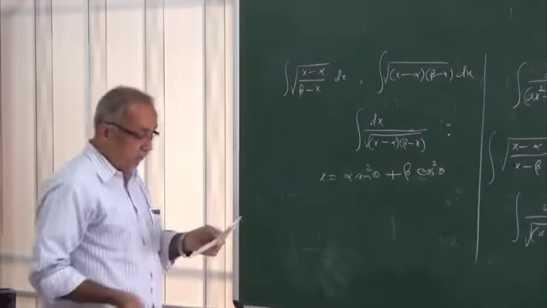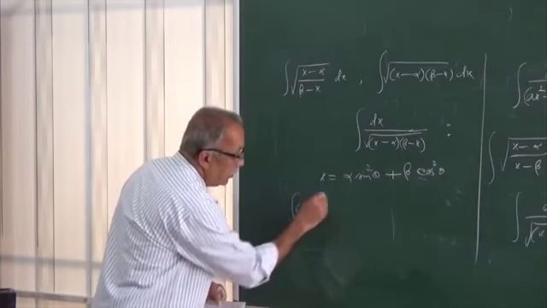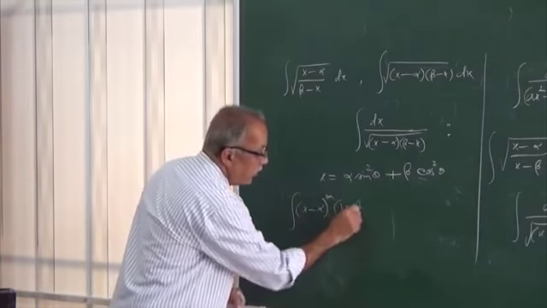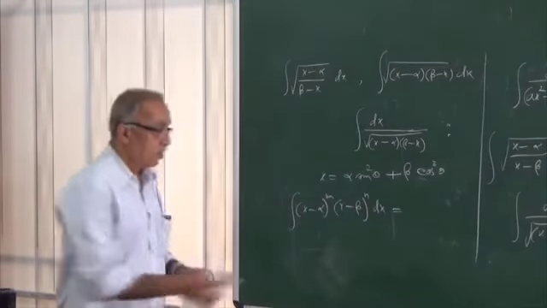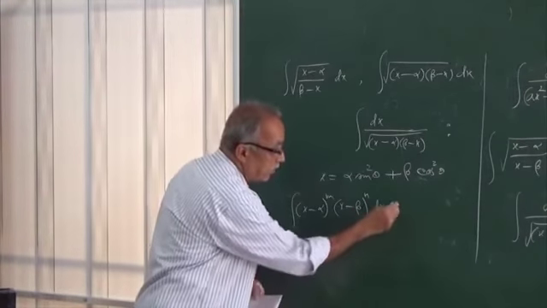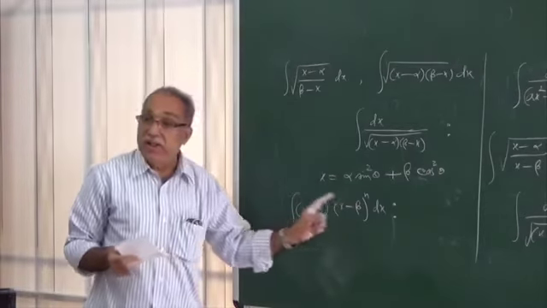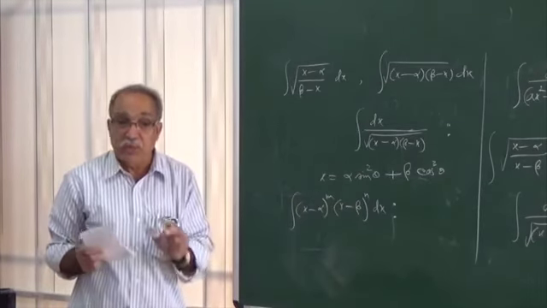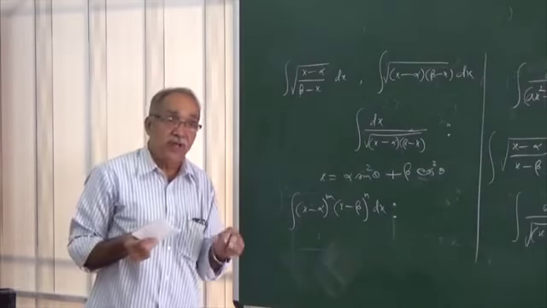Last, one more. M and n can be any two rational numbers, need not be integers. They can even involve fractions.